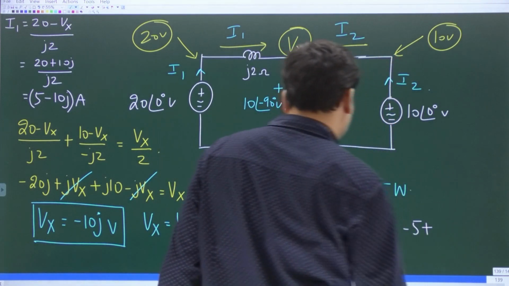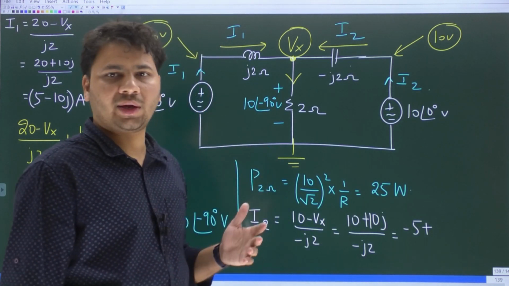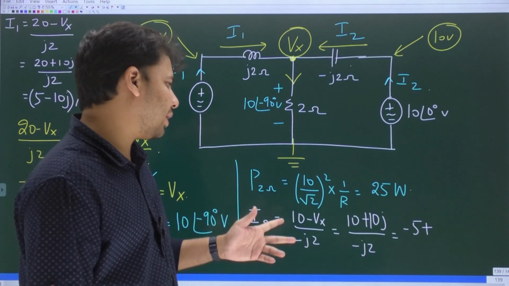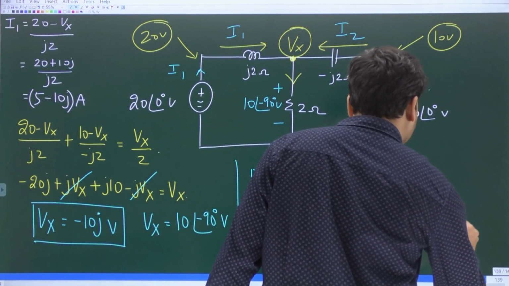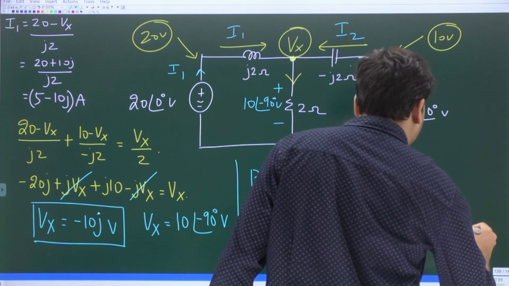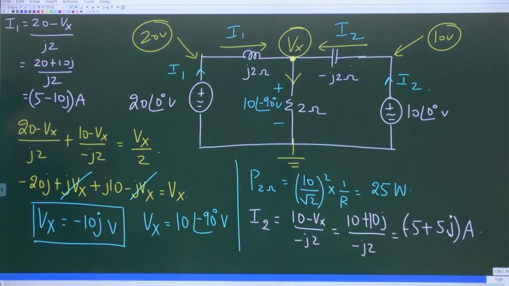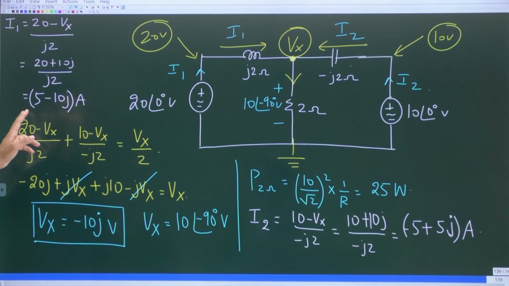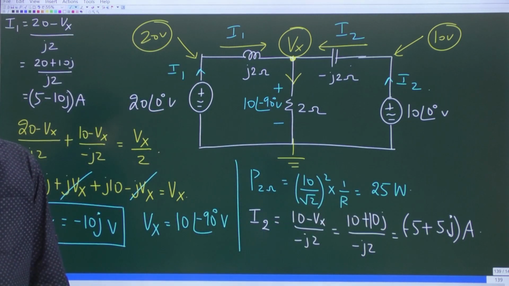Then 10 by minus J2 is 5 by minus J, and 1 by minus J is plus J, so minus 5 plus 5J amperes. These are the two phasor currents: I1 is 5 minus 10J, I2 is minus 5 plus 5J.